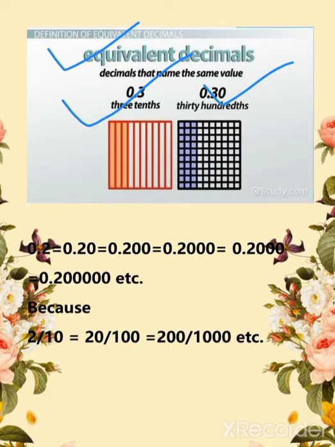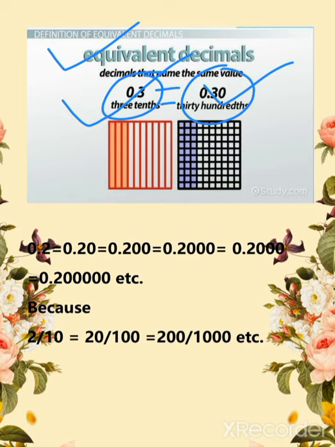That means both of these numbers represent the same decimal number. So these are our equivalent decimals, because we are taking 3 parts out of 10 or 30 parts out of 100. Both are the same. So basically these are our equivalent decimals.